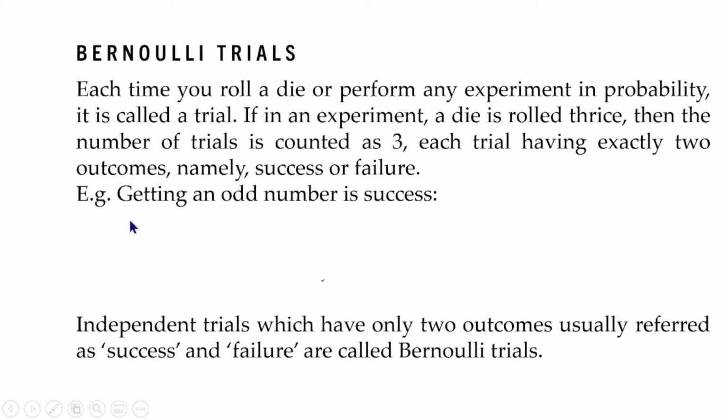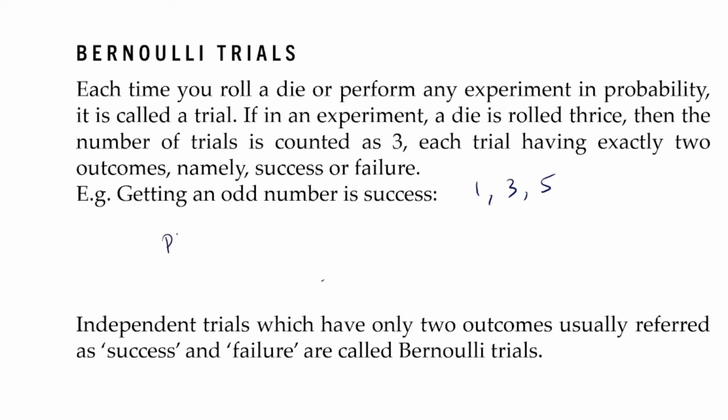For example, in this same experiment, the number of trials is 3. If we consider success as getting an odd number, then we will get an odd number if the die shows 1, 3 or 5.